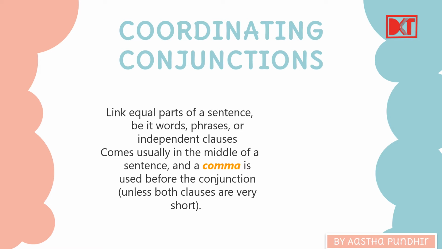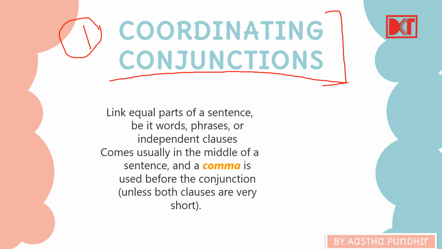All right, so now we will do the various types of conjunctions ताकि आपको questions में आसानी हो. Let's read the various types. First is the coordinating conjunctions. Coordinating conjunction जैसे हमें नाम से ही पता चल रहा है. What do? They coordinate. They coordinate. How? They link equal parts of a sentence, be it words, phrases, or independent clauses.